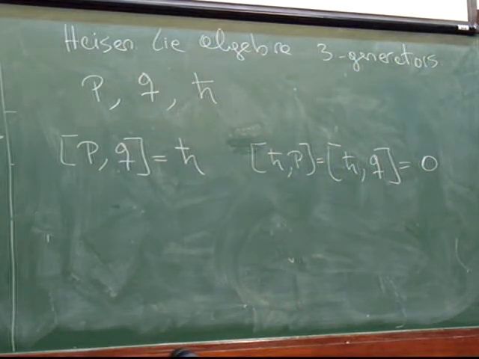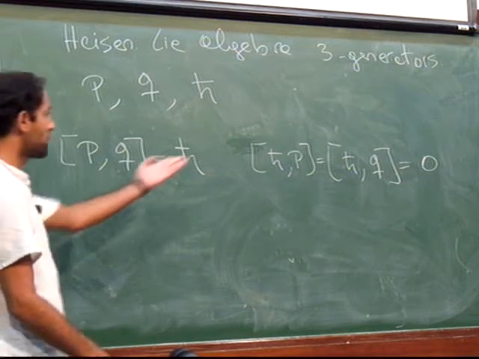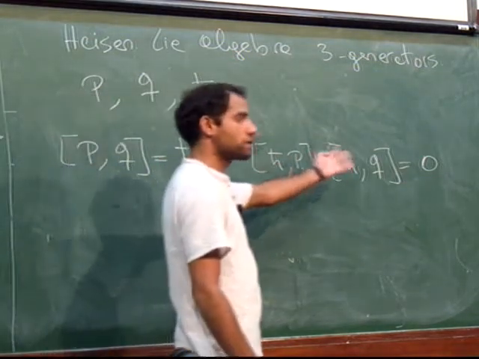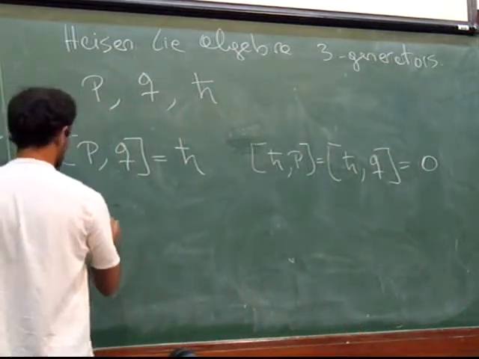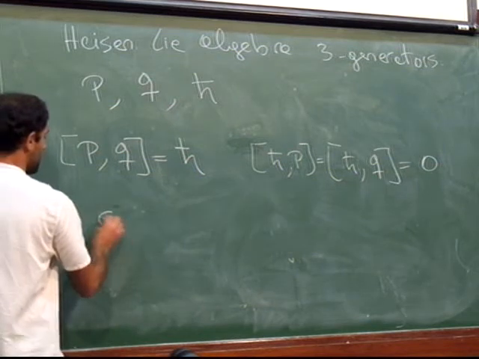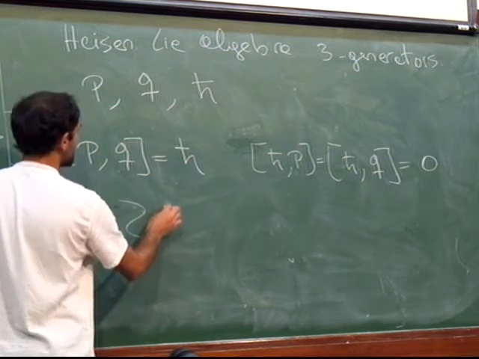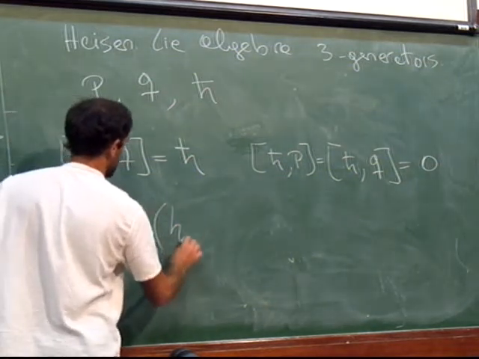So it's a three-dimensional Lie algebra. Since H bar, of course, commutes with itself, and it commutes with P, and it commutes with Q, H bar lives inside of the center of this Lie algebra. Let's call it Heisenberg.